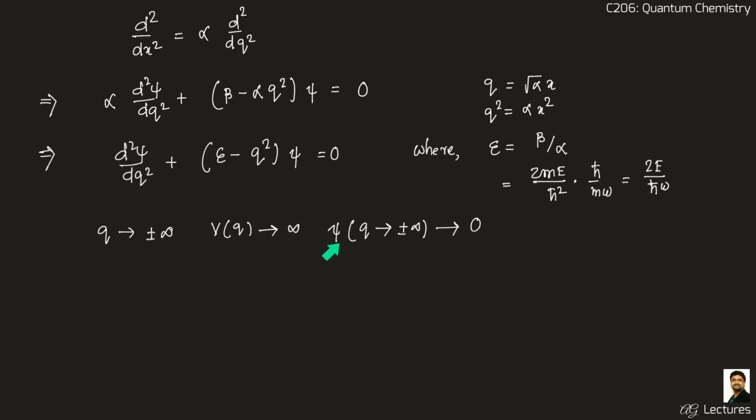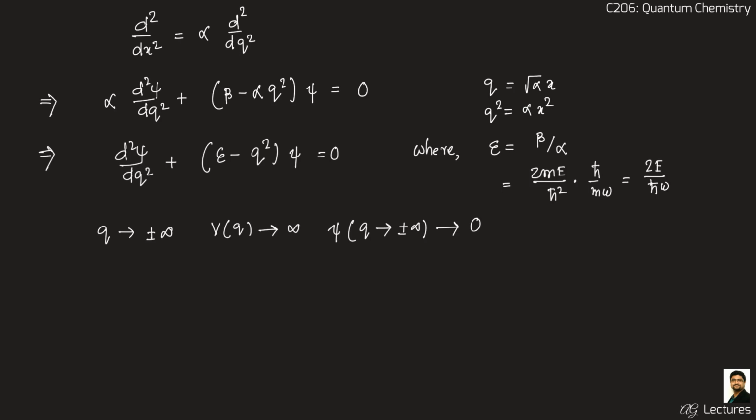The probability of finding the particle where the potential is infinity should be zero, and hence we conclude that when V goes to infinity, that is when q goes to plus or minus infinity, the wave function should approach zero, slowly, not abruptly.